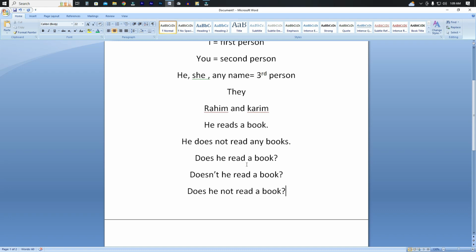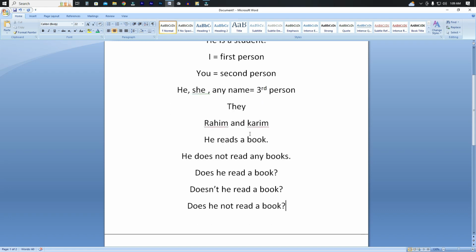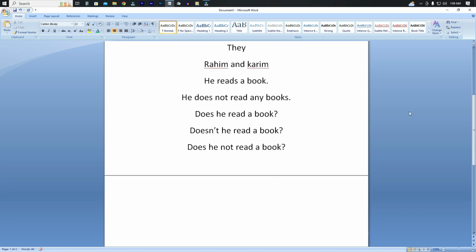After this knowledge, we can apply it to any kind of sentence. We can make any sentence affirmative, negative, interrogative, and negative interrogative.